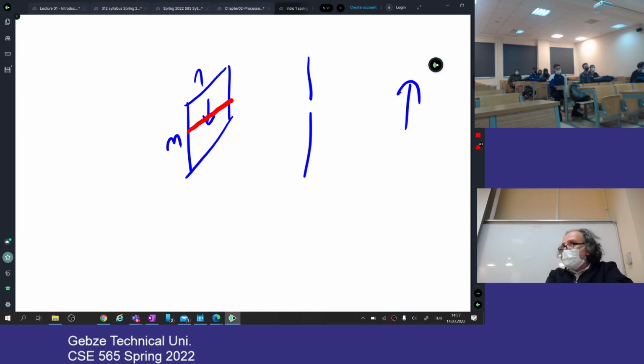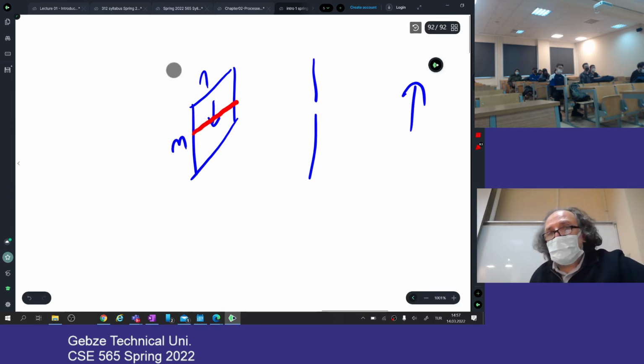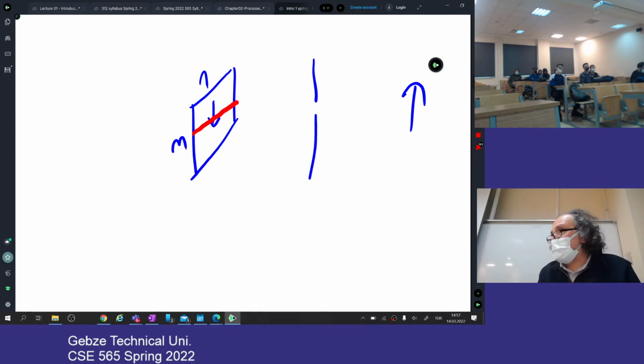Why don't I use a 5,000 by 5,000 camera for the scanner instead of using a moving 5,000 by 1 camera, right? Why don't I use a regular two-dimensional camera instead of one dimension?